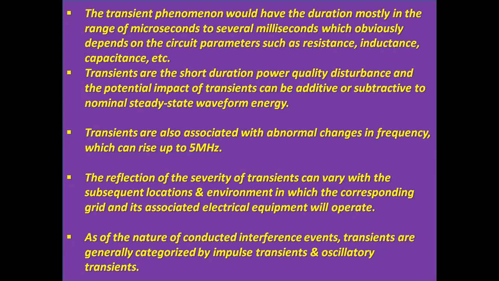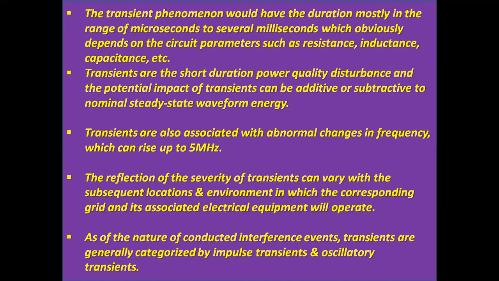Transients are also associated with abnormal changes in frequency, which can rise up to 5 megahertz. The severity of transients can vary with the locations and environment in which the corresponding grid and its associated electrical equipment will operate.